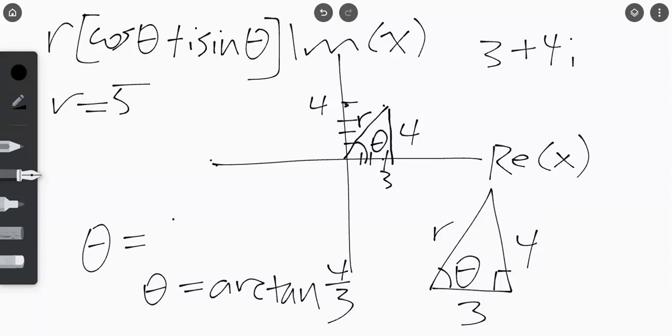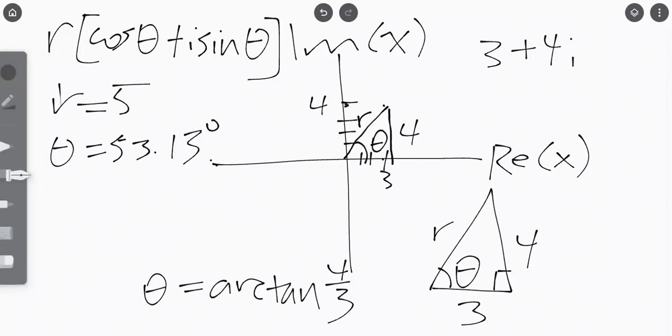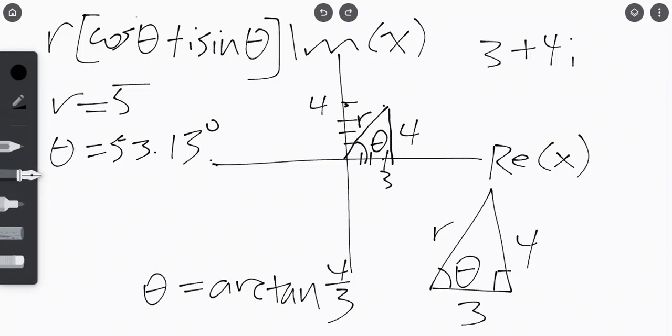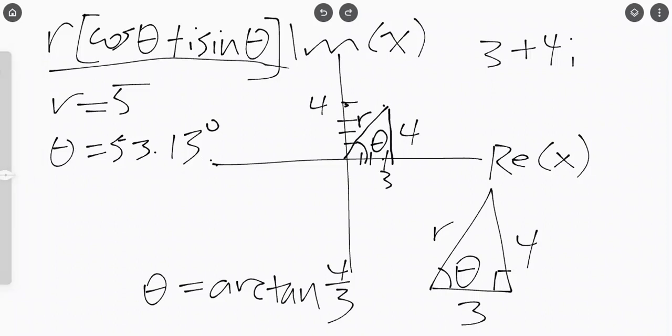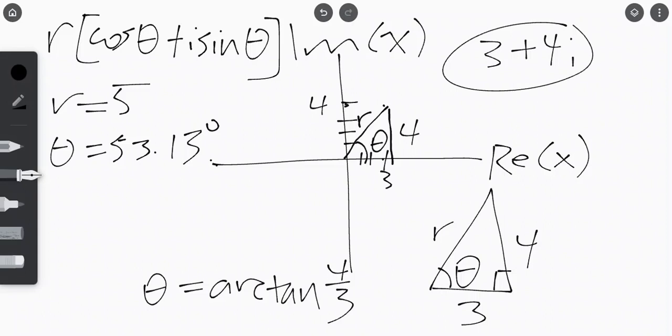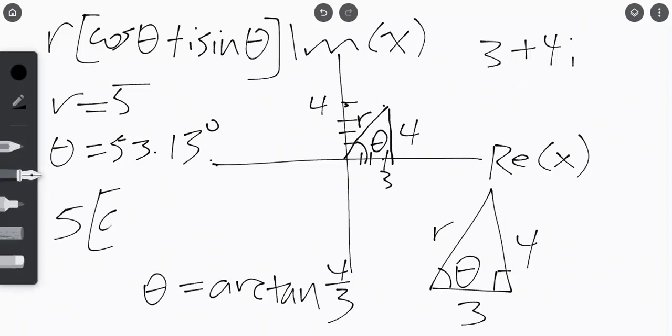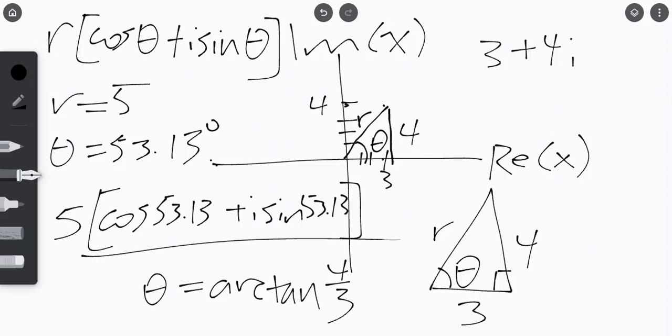So theta is equal to 53.13 degrees, and now we have r and theta. Let's plug it into our formula. The number 3 plus 4i in polar form is 5 cosine of 53.13 plus i times sine of 53.13 degrees.